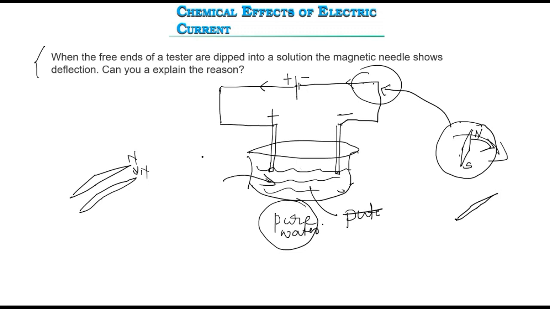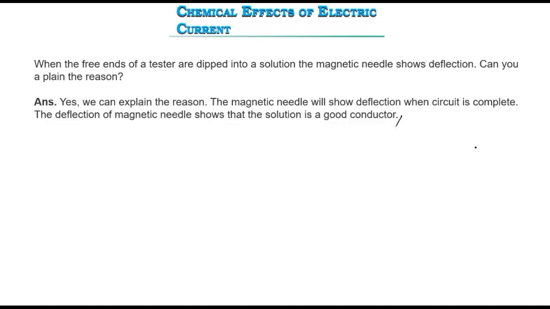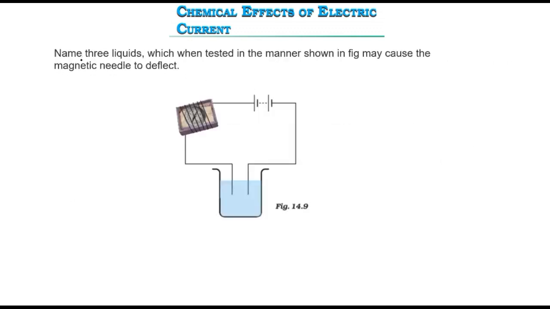Either we have to add salt or acid or base. If you add these to the water, it becomes a conductor, and then the current goes all around here, and the indication is that the magnetic needle deflects, moves away.